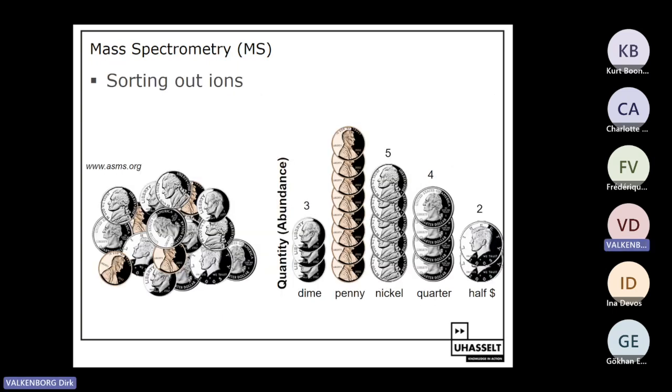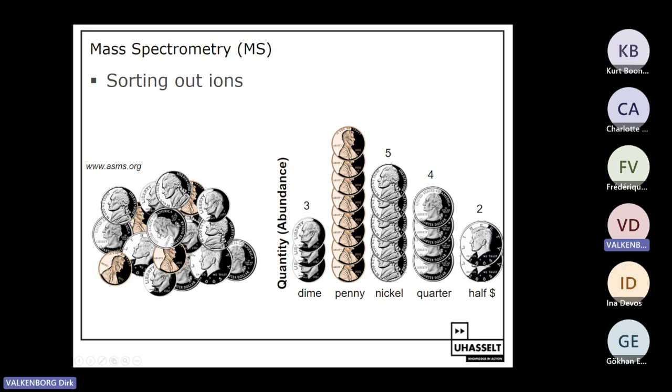I got this graph from the website of ASMS, the American Society for Mass Spectrometry, and you can find on their website a whole bunch of interesting tutorials. What I like about this visualization is that sorting ions is like sorting some change money that you have in your pocket.